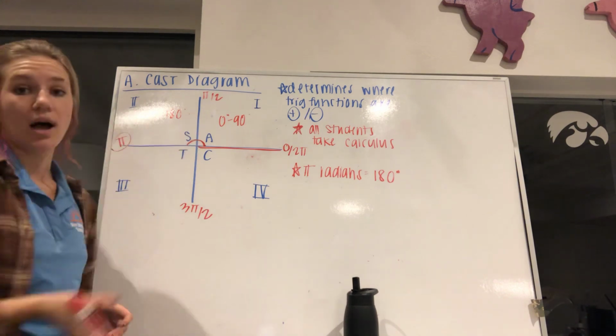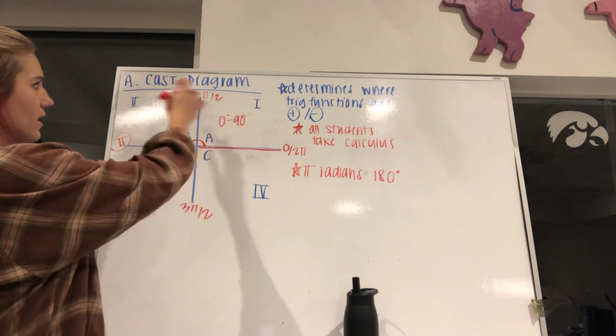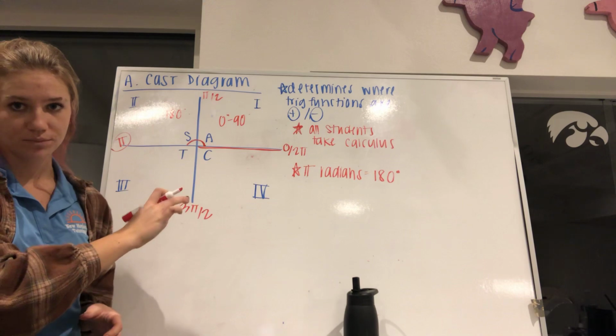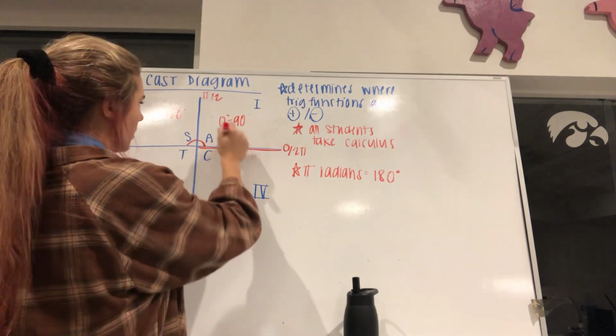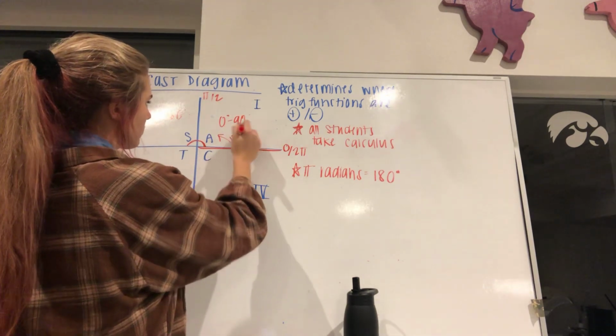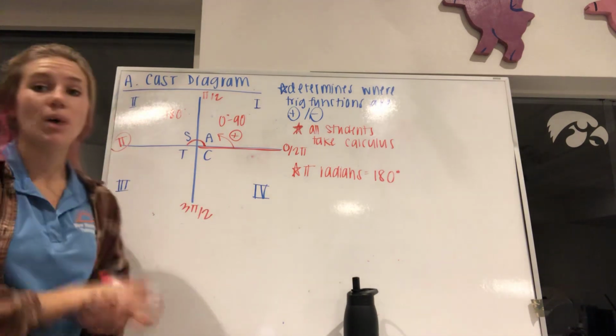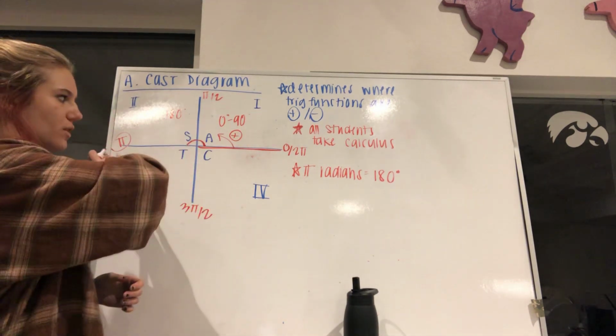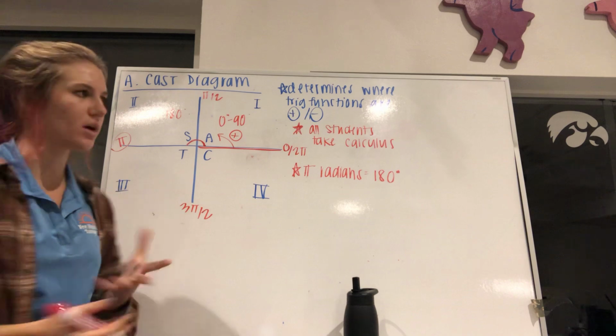If the angle is positive, we're going to move in a counterclockwise direction, okay? Whenever the angle is positive, we move in a counterclockwise direction. That's just a rule that you have to remember.